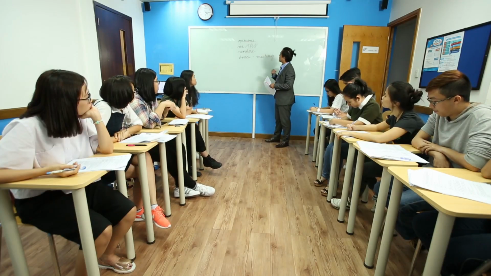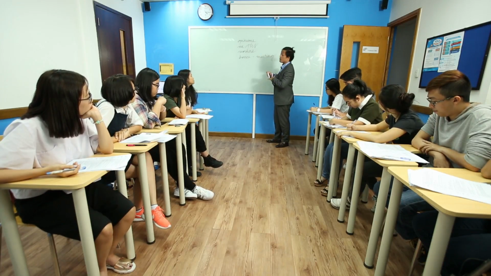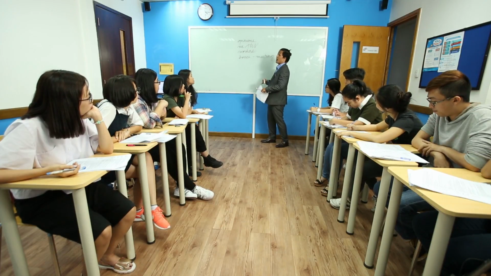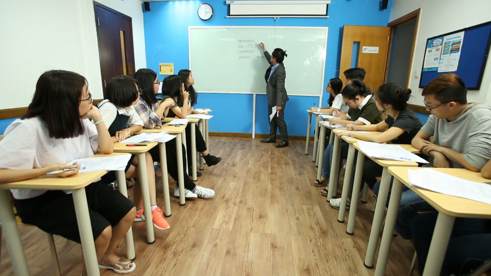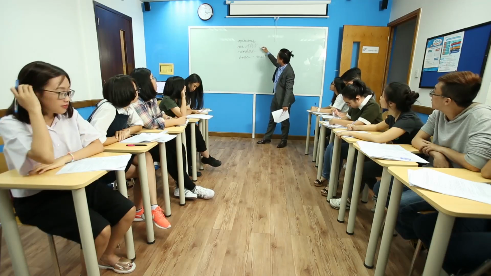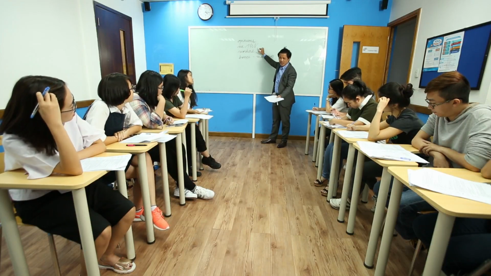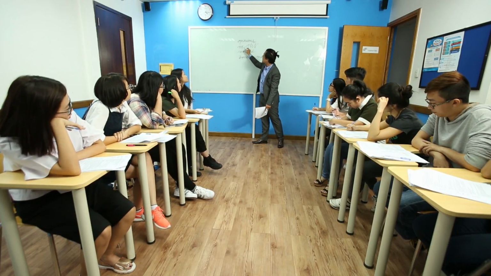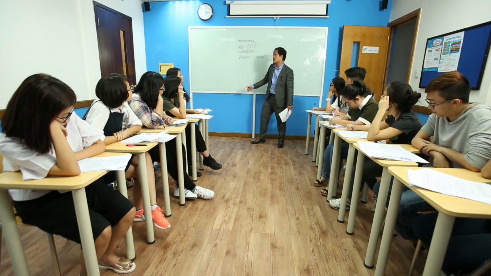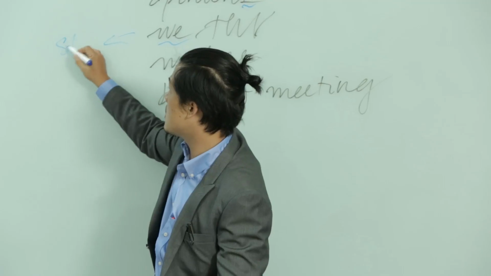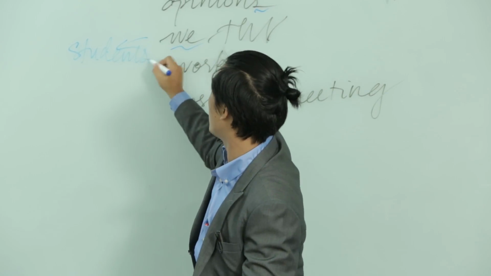Now, just a couple of things though. Opinion, right? In my opinion, well, you don't need this yet, not yet, okay? And then we're talking about homework and then classes, right? So instead of saying we, to make it a bit more general, you can say students.